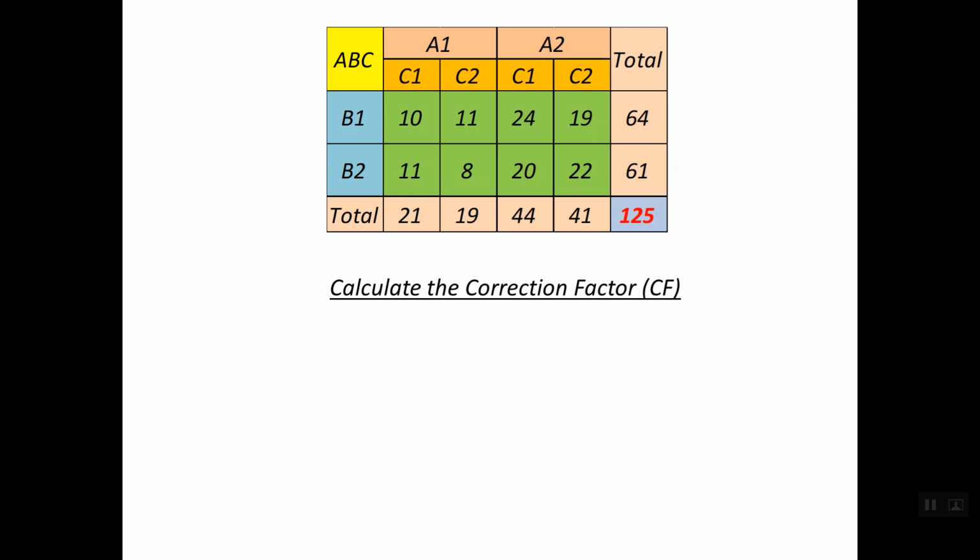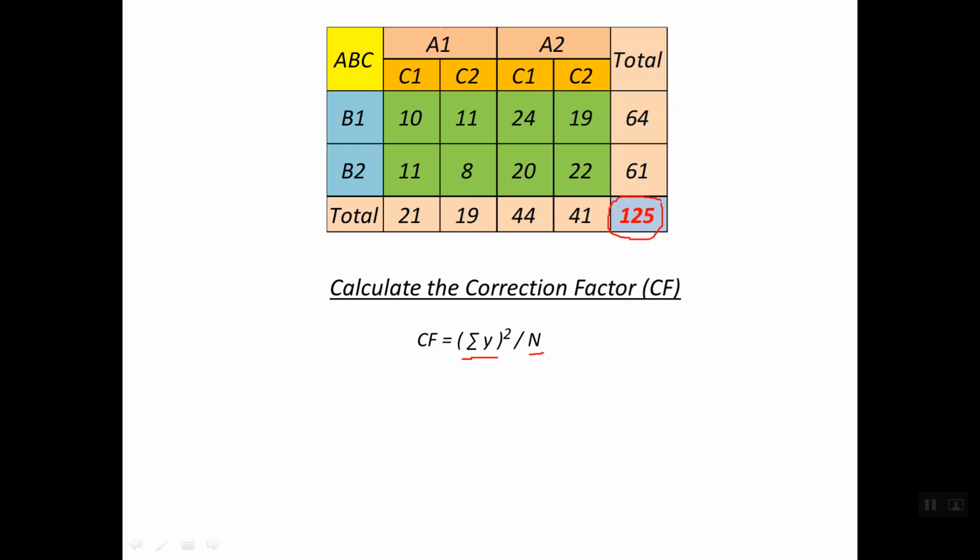The formula is simple: the correction factor is equal to the summation of y, squared, divided by n. The summation of y represents here the total of observations for all the 8 groups. It's already calculated and it is 125.